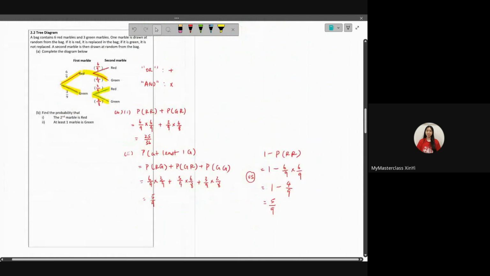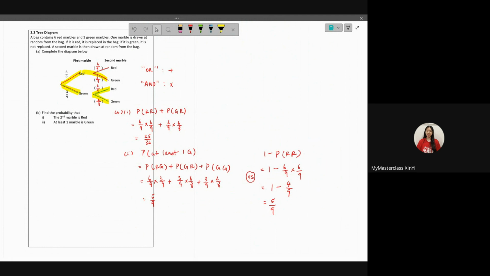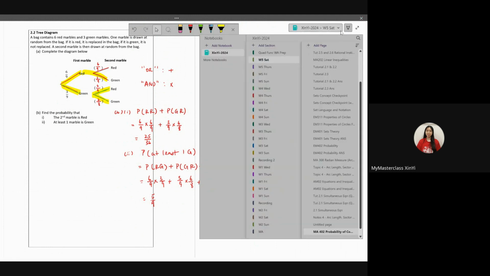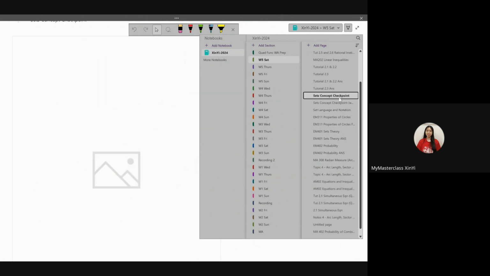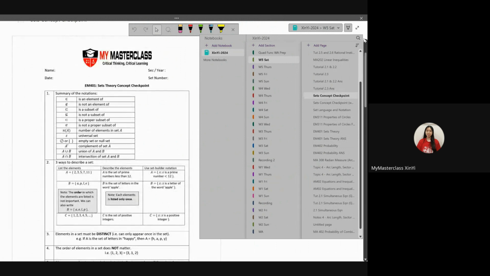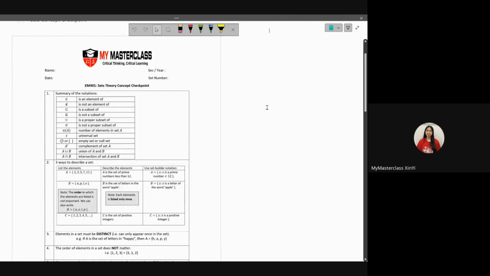Okay, let's do a recap for sets instead. So these are some concepts. Let's go through sets to do a recap first.